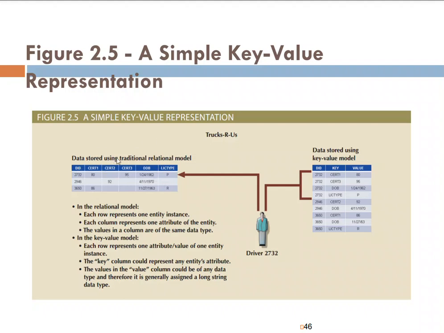Okay, how the information about this driver is stored in relational model. Okay, so driver ni dia punya his ID is 2732. So okay, let's look at this record. The first record is 2732, and then we have this one. The ID is driver ID, I think. Okay, then we have here 6 attributes.